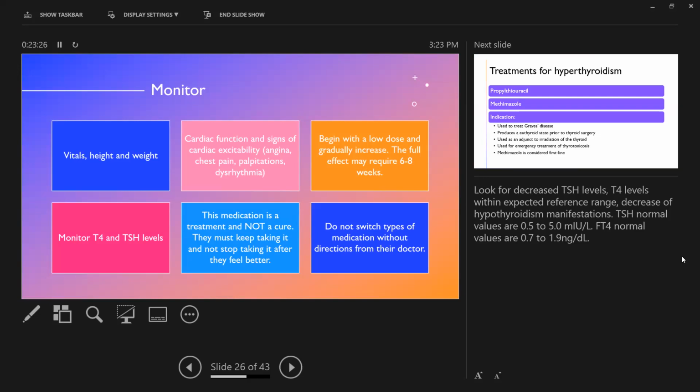Look for decreased TSH levels. Normal TSH levels are between 0.5 to 5 units per liter. Normal T4 levels are 0.7 to 1.9 nanograms per deciliter.